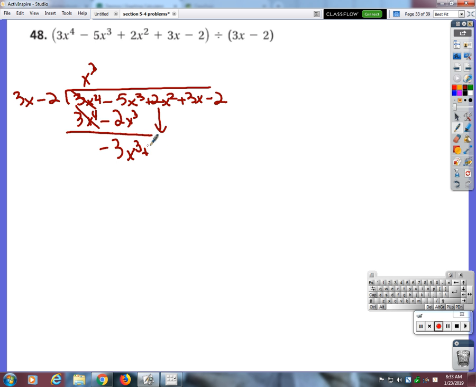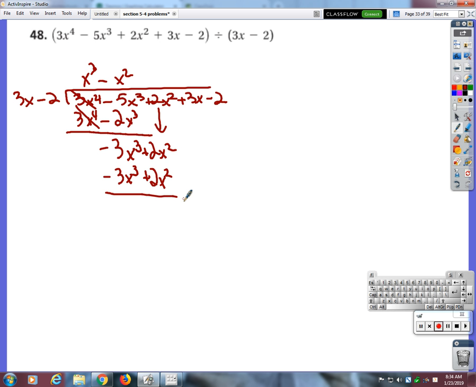Bring down the next term and start all over again. Negative 3x cubed divided by 3x is negative x squared this time. So if I multiply that back through, I get negative 3x cubed, and negative x squared times negative 2 is plus 2x squared. That's a little weird.